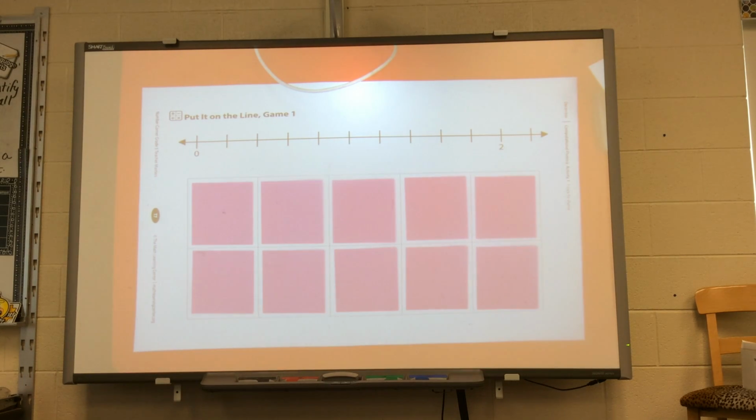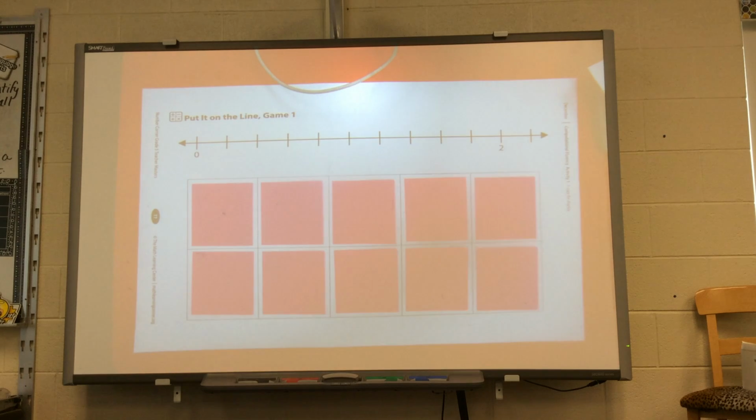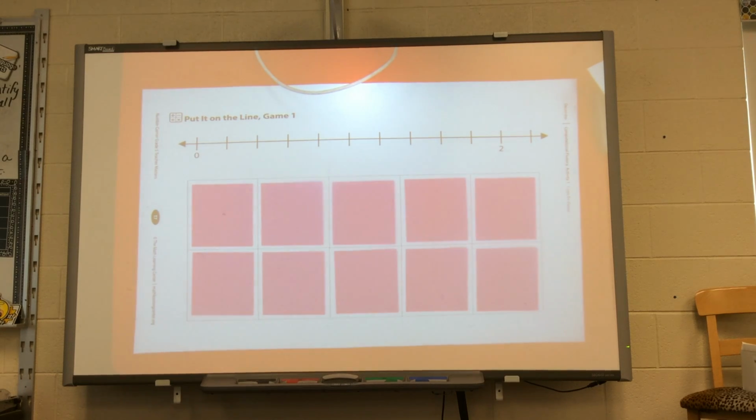The first thing that you are going to do in order to play this game is label the number line, you and your partner. So if this is 0 and this is 2, I need to label my number line. Where would 1 be? Sophia?